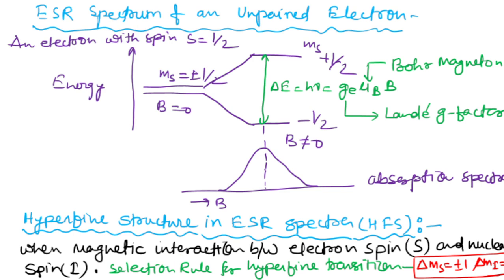Another thing is that for the hyperfine transition you need the selection rules: delta m_s should be plus or minus 1 and delta m_I should be 0. This is the selection rule for hyperfine structures.